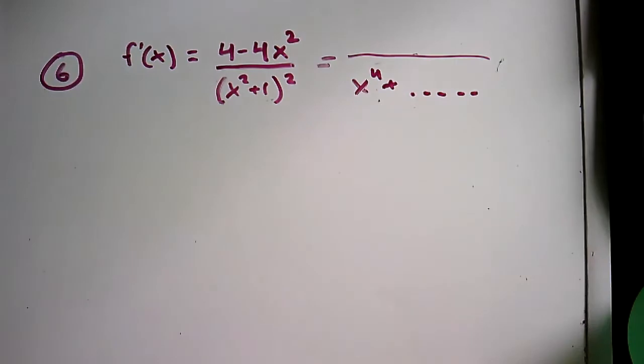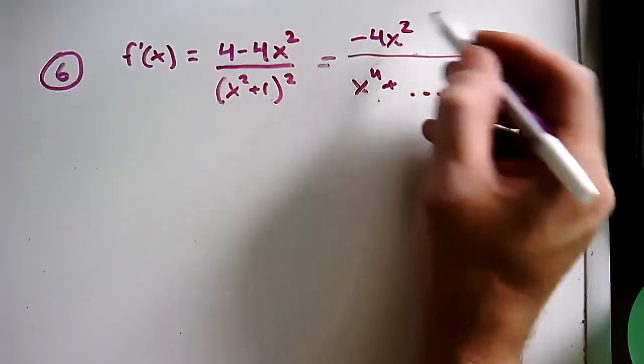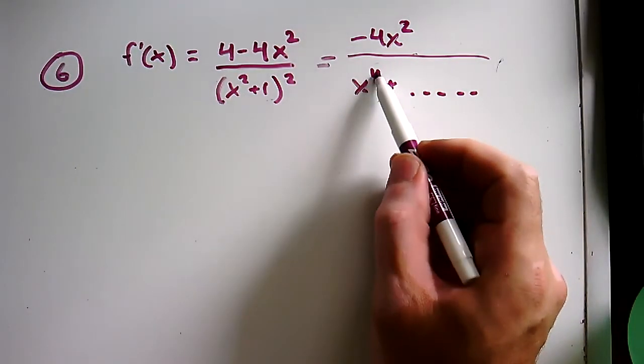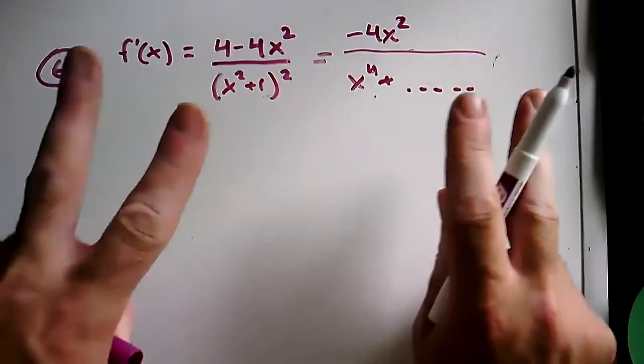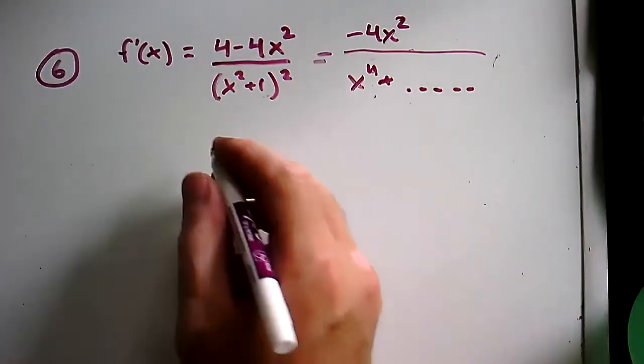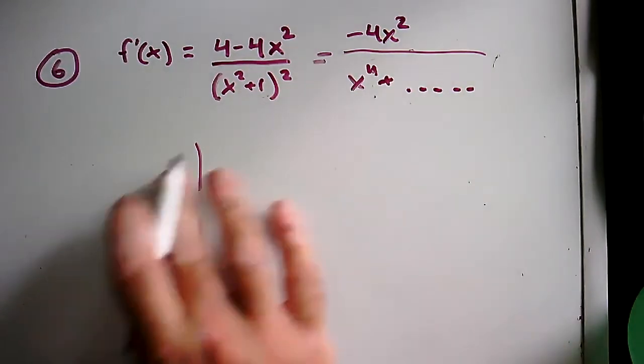The other stuff doesn't matter because all we care about is the highest degree of x. So we have degree 4 in the denominator, degree 2 in the numerator. That means that the denominator wins, and it draws the graph down to 0.